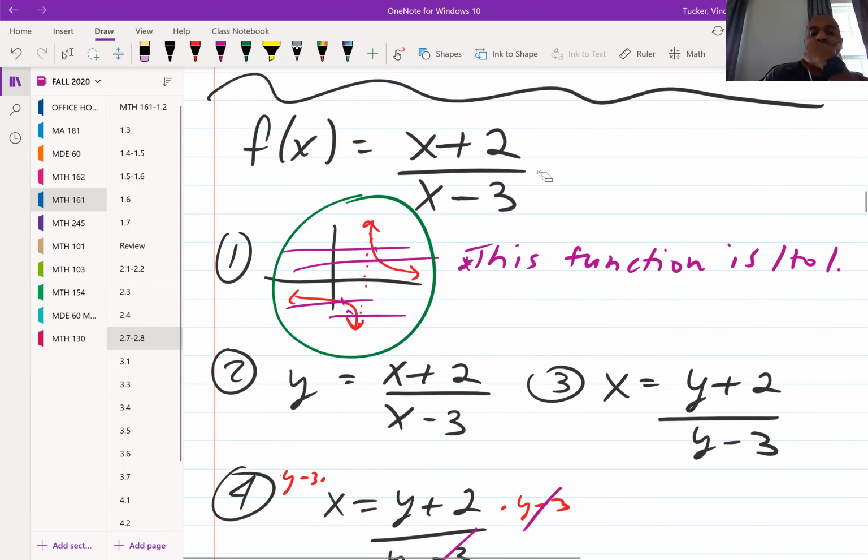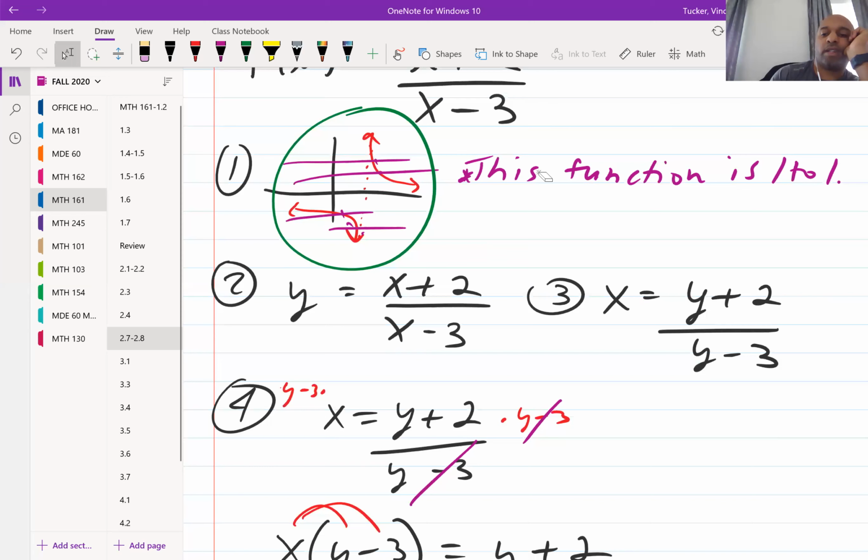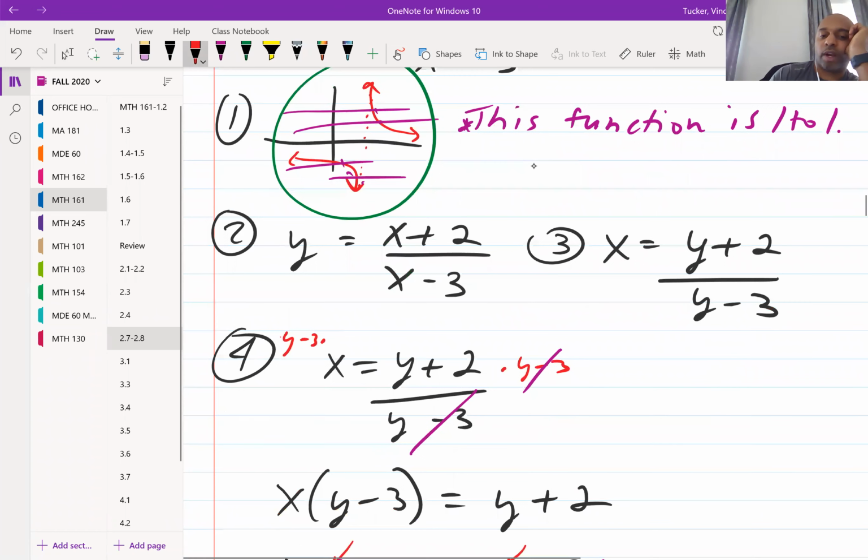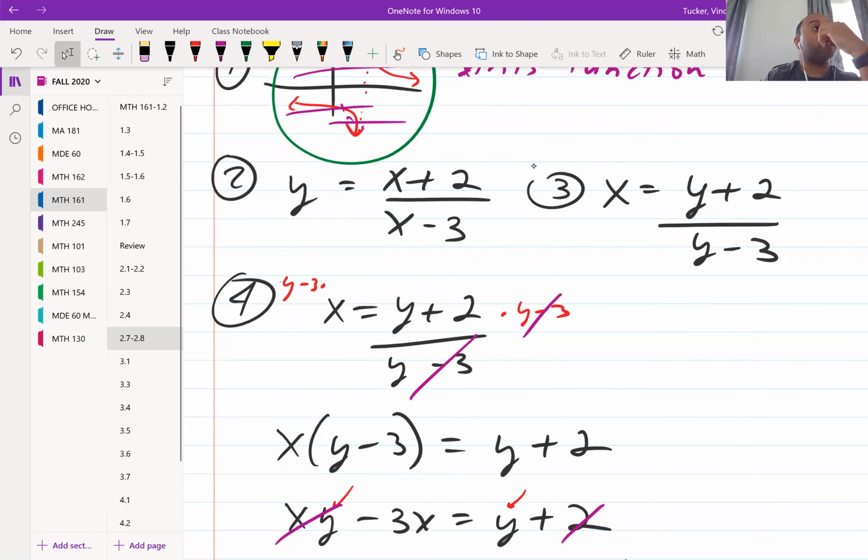All right. So notice we have y in our denominator. Your goal is to solve for y now, but we need to get that y out of the denominator. So I multiply both sides by y minus 3 to get that y minus 3 out of the denominator. That cancels out on the right. On the left, that gives us x times y minus 3 equal to y plus 2.